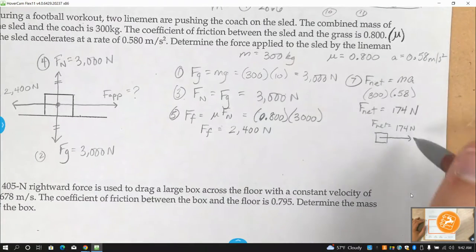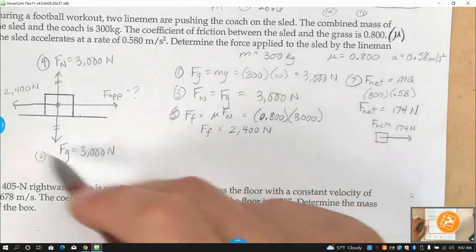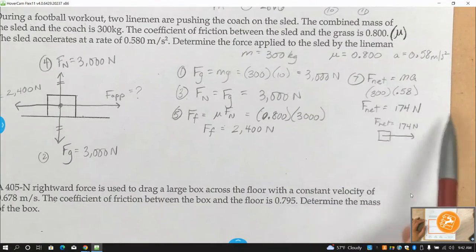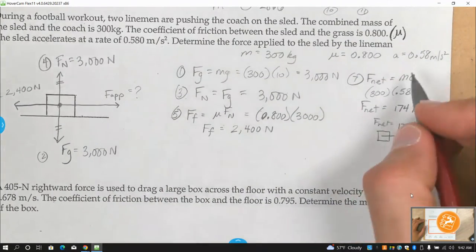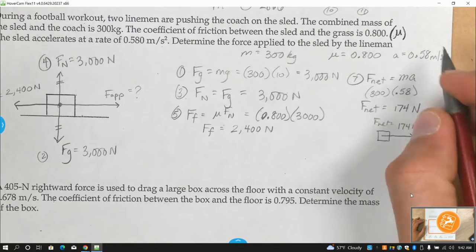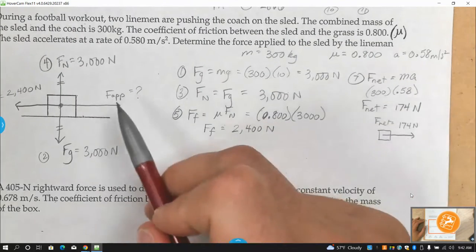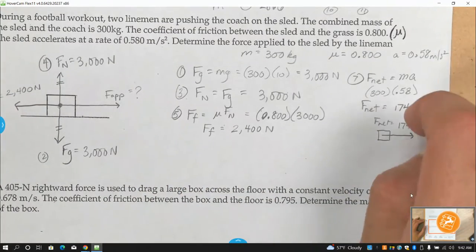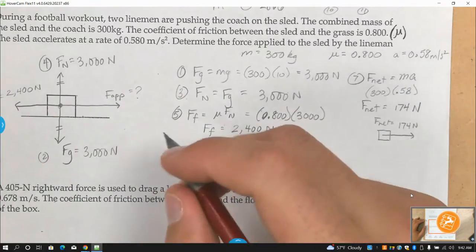So now the importance of the drawing is, if the net force is in the same direction as the acceleration, again, we're assuming to the right, that means that the applied force needed to be 174 larger than the friction force.